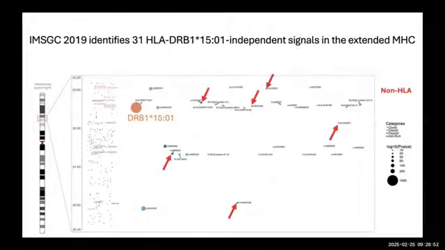But even when they accounted for 1501, they identified all these 31 other signals, many of which were also non-HLA and intergenic variation. And so this, again, underscores that there is quite a bit more to be extracted from the MHC in terms of MS risk.